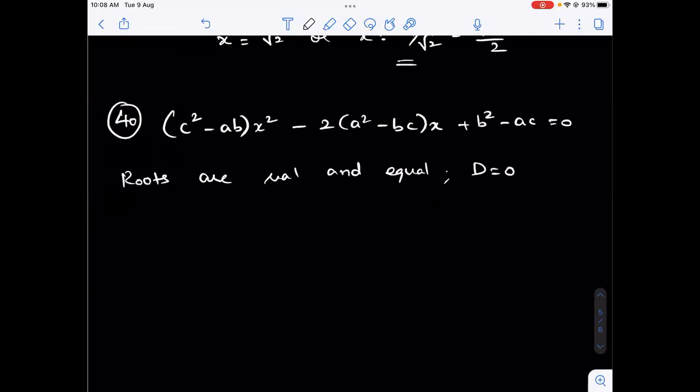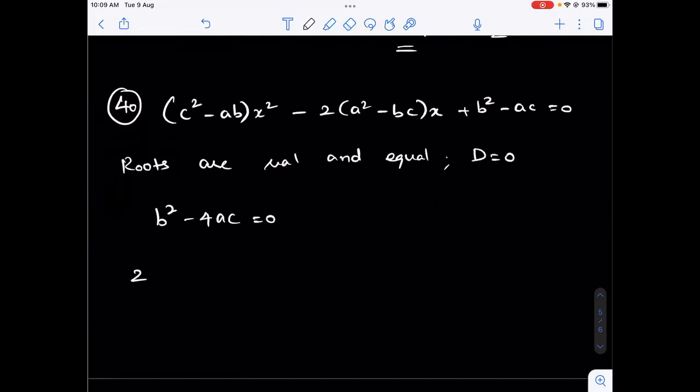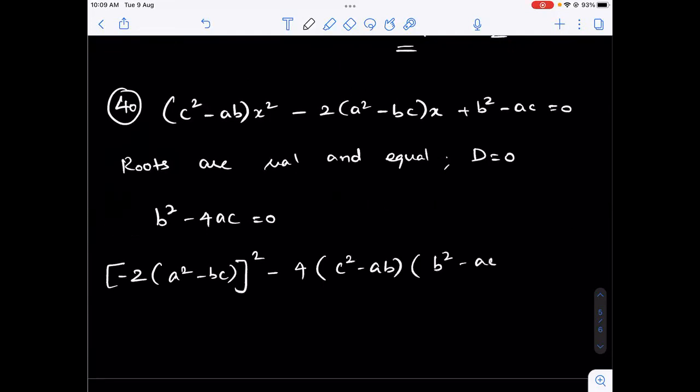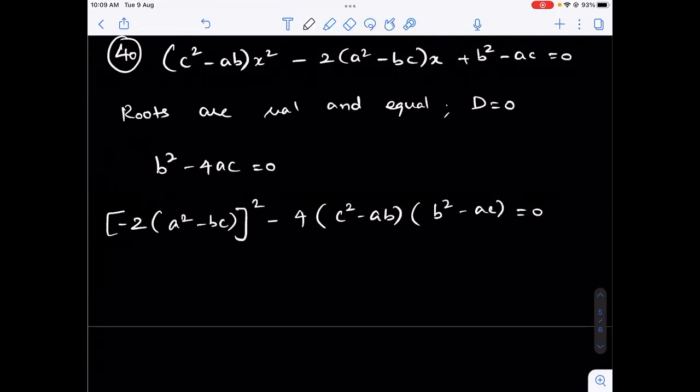So when the discriminant is 0, b square minus 4ac should be equal to 0. What is b square here? 2 into a square minus bc, the whole square, minus 4 into c square minus ab into b square minus ac is equal to 0.